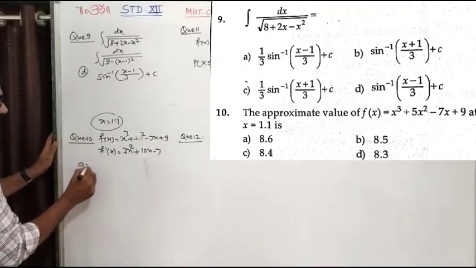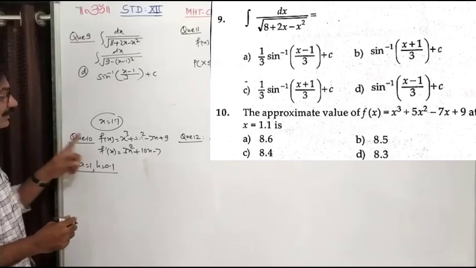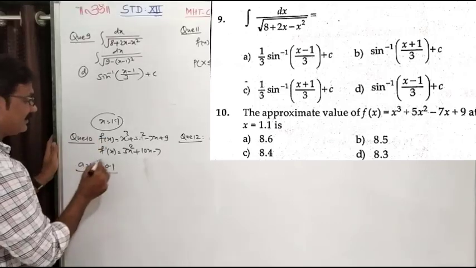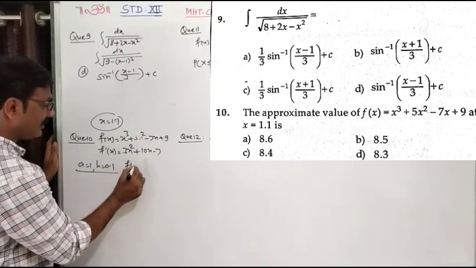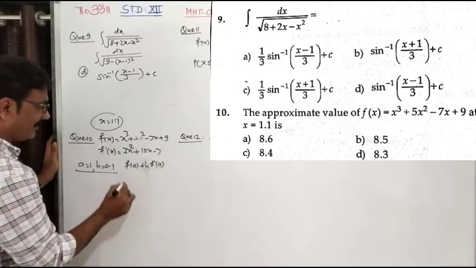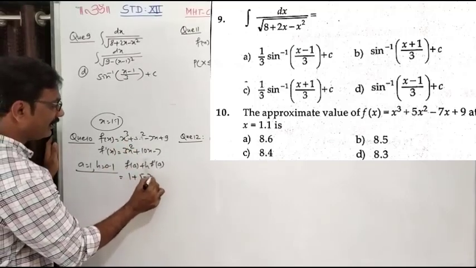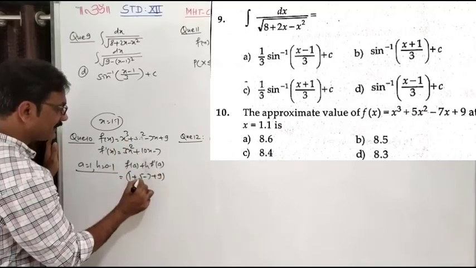As required here, a is 1, h is 0.1. So f of a means 1 plus h into f dash of a. f of a is 1 plus 5 minus 7 plus 9.